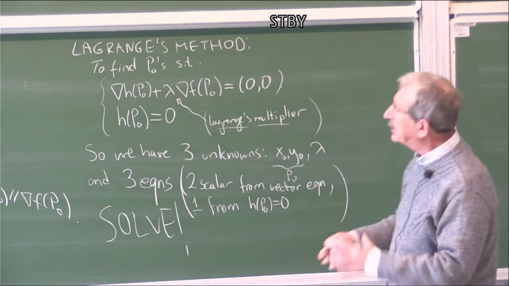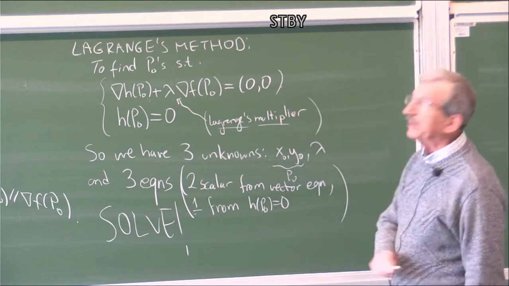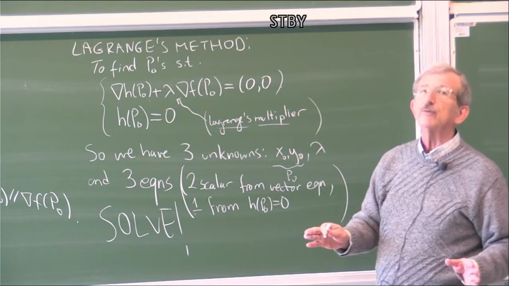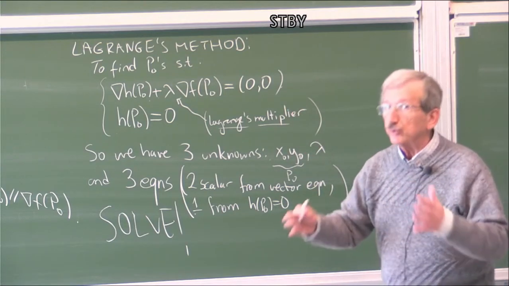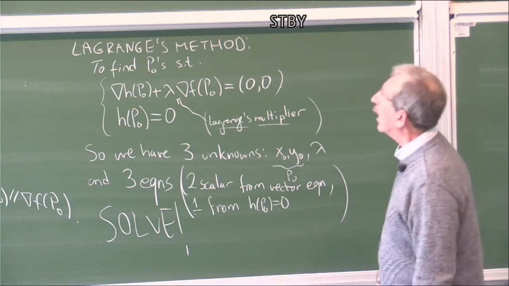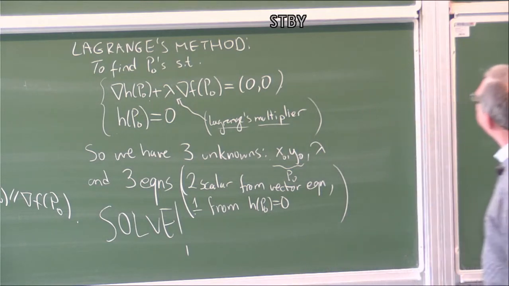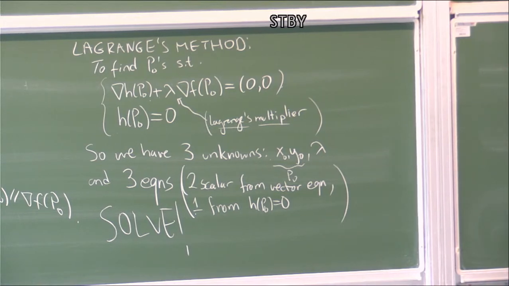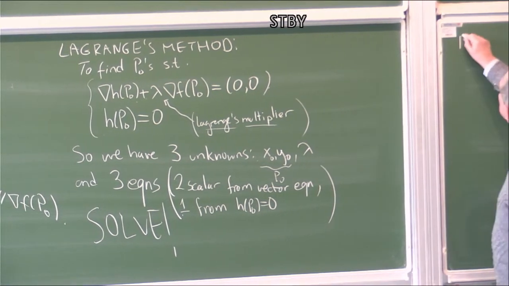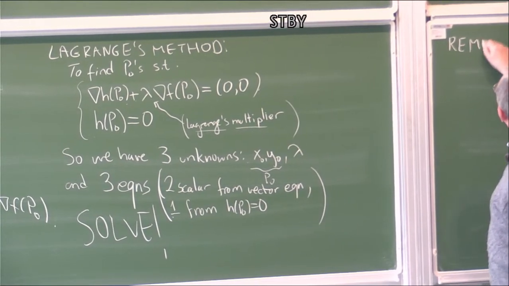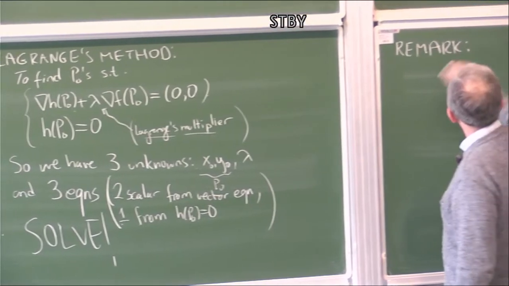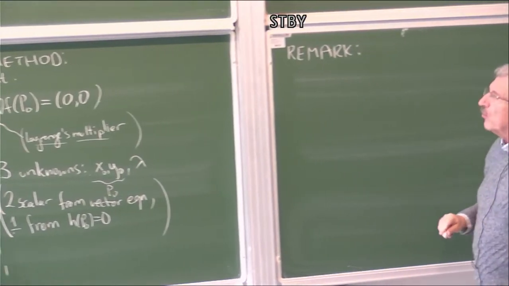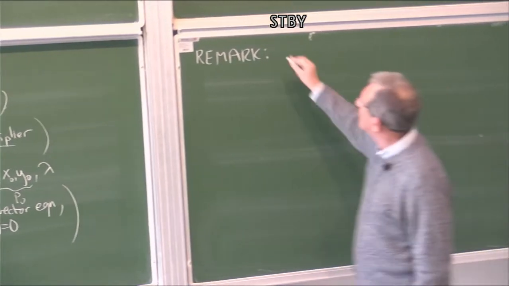But we are basically interested in p0. We want to find p0 here, or p-zeros. There can be more than one. Now, before we pass to examples, let me have a general remark. We can generalize this method.